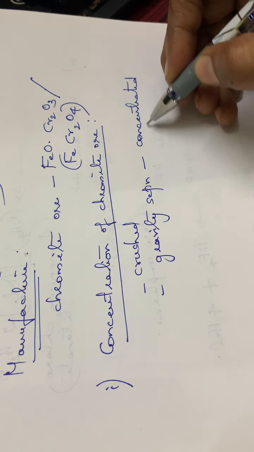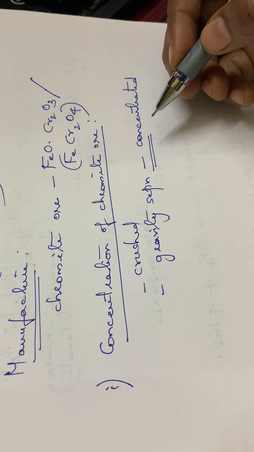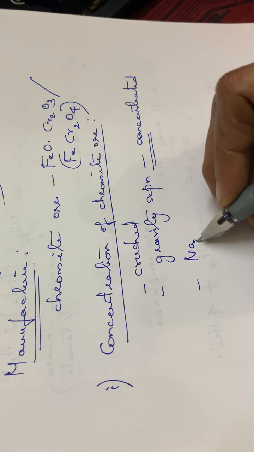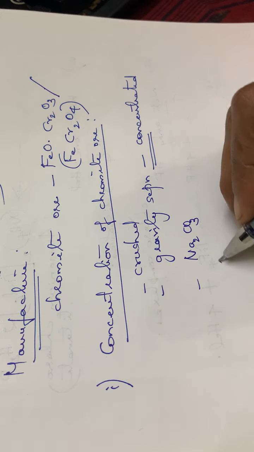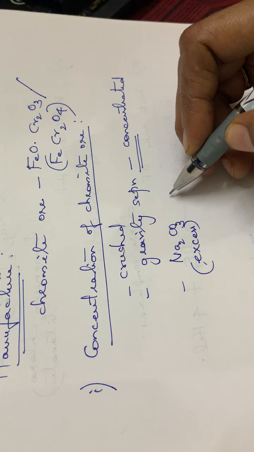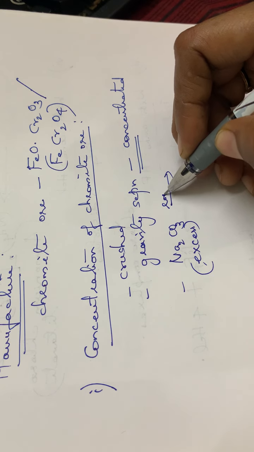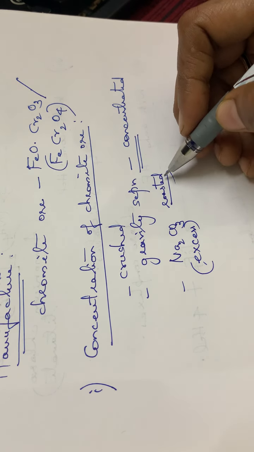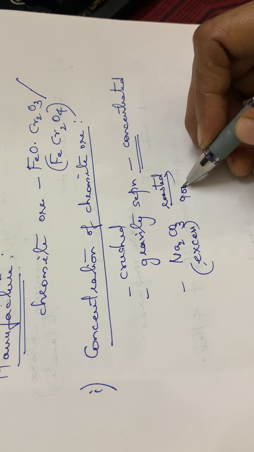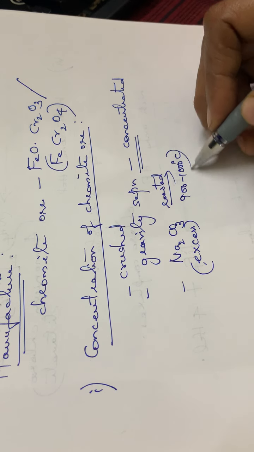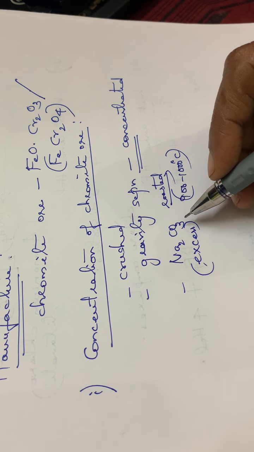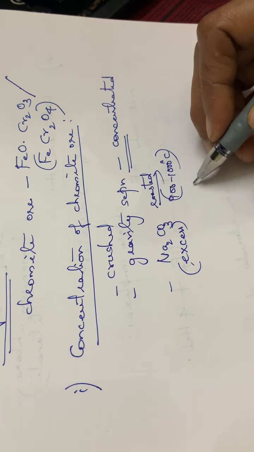After this process, the ore gets concentrated, and then the ore is mixed with excess of sodium carbonate and roasted in a reverberatory furnace at a very high temperature of 900 to 1000 degree Celsius, in the presence of air, in the presence of oxygen.